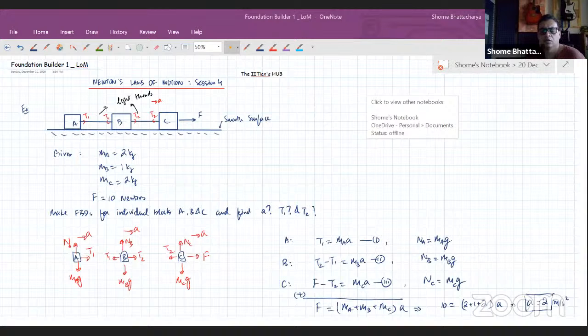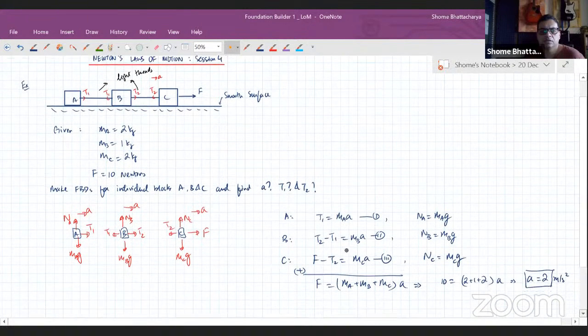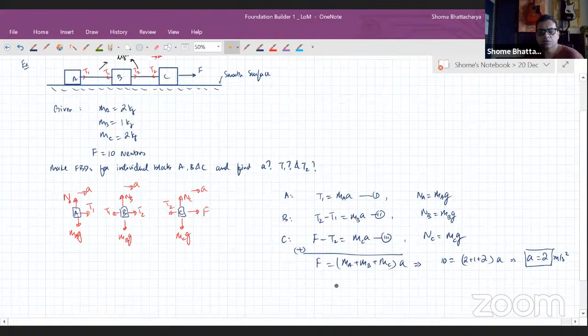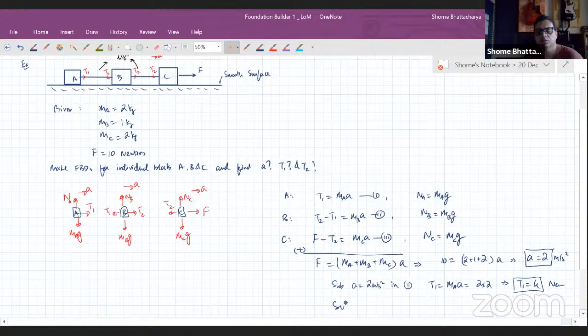Okay. Now, once you have the magnitude of the acceleration, you can substitute that in the equations. So now substitute a equal to 2 meters per second square in equation 1. So you'll get T1 is equal to 2 into 2, or T1 is equal to 4 newtons. And then substitute in equation 2.